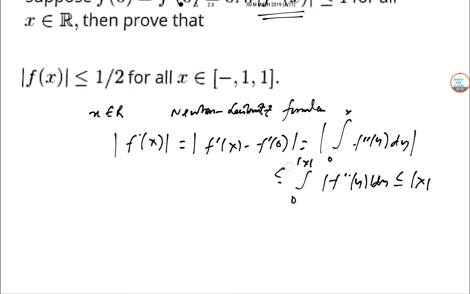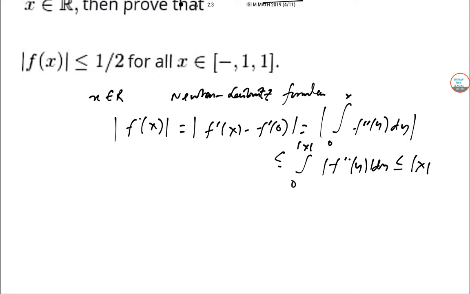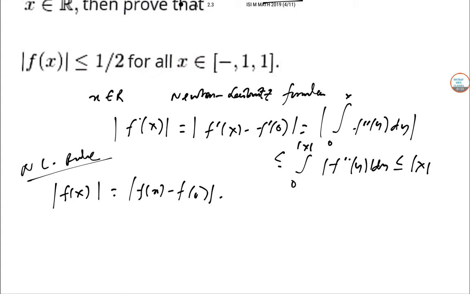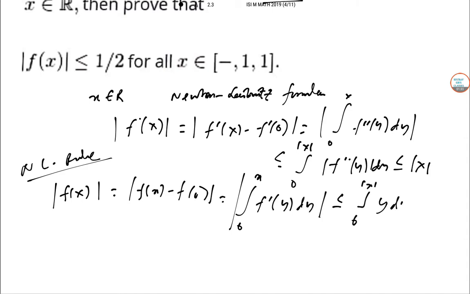So applying this Newton-Leibniz rule again, |f(x)| equal to |f(x) - f(0)|, so integral 0 to x f'(y) dy less than or equal to integral 0 to |x| of y dy equal to x square by 2.